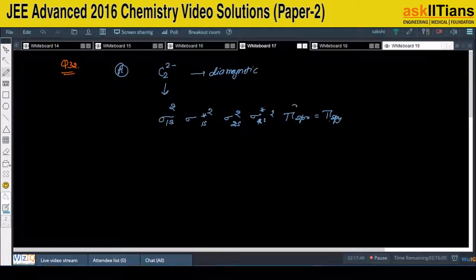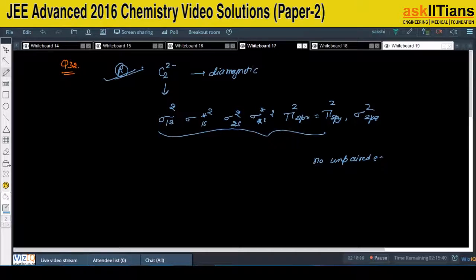So we have to fill 2 and 2 here, and only we are left with 2 electrons. So this is sigma 2pz, again 2. So this is the molecular orbital configuration, and we can say that in the molecular orbital of C2 as you can see that there is no unpaired electron, and hence C2 will be diamagnetic in nature. So we have arrived at least one of the correct options, option number A.